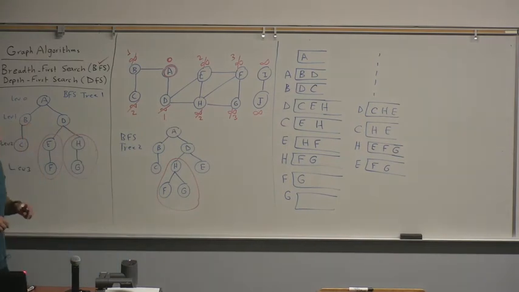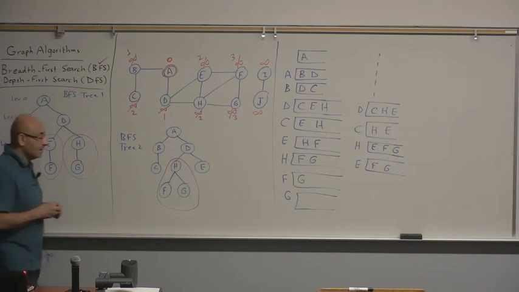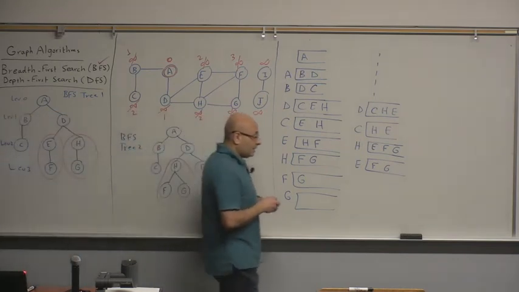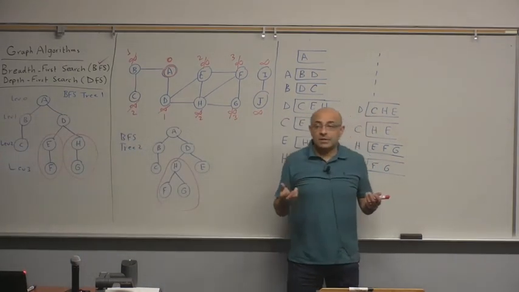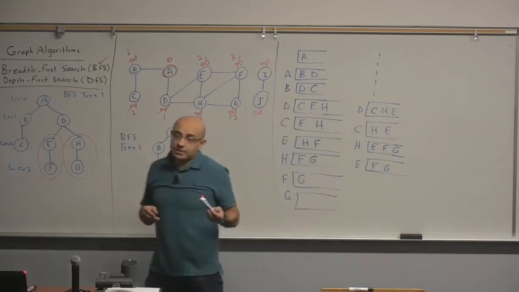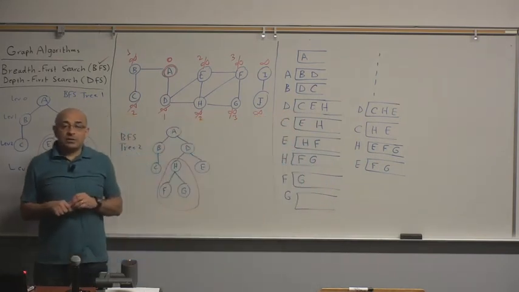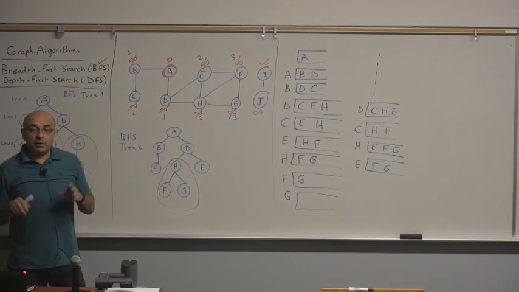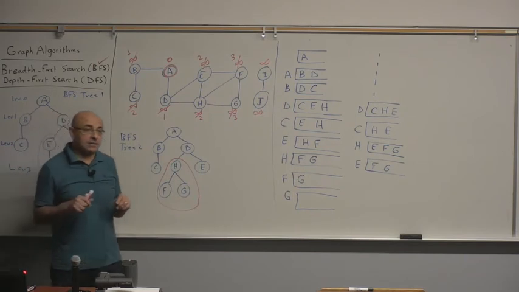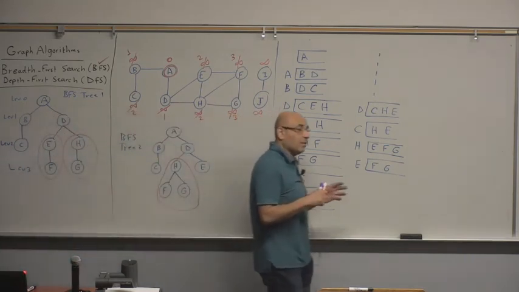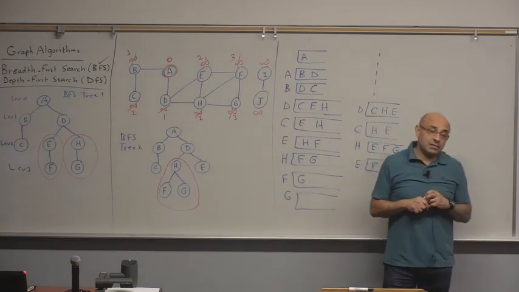Of course, if you are only interested in identifying reachable vertices, you can use any kind of traversal. It doesn't matter. You can use breadth or depth. If all you want is to determine if a certain vertex is reachable or unreachable, you can use any traversal.